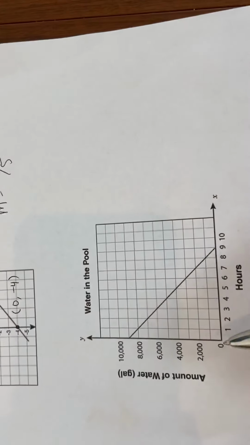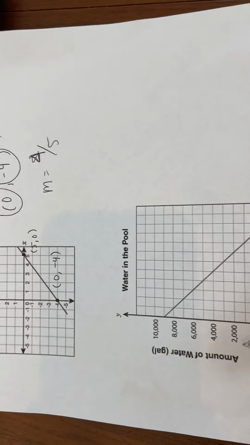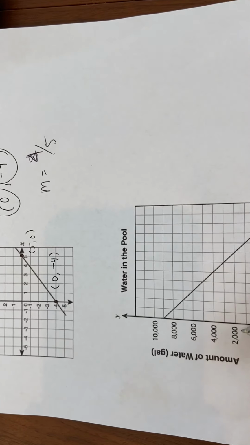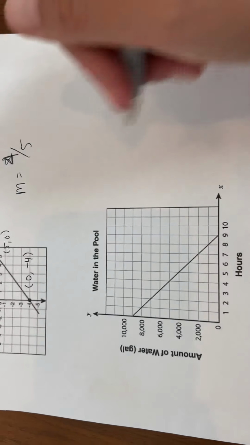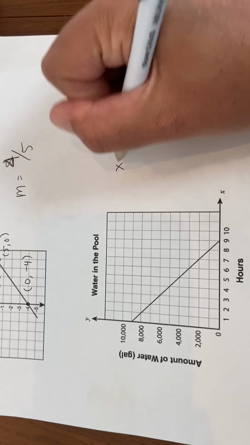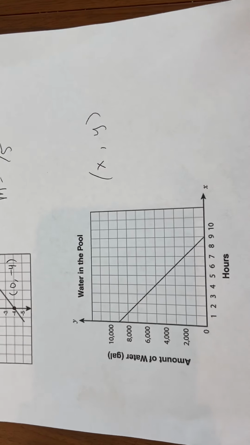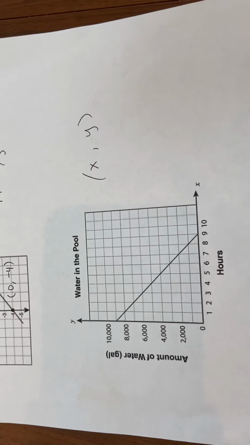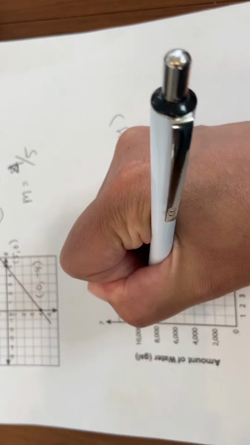This one, we have to make sure we're really paying attention to the scale, because when I look right here, the gallons are going up by thousands, like 2,000, 4,000, 6,000, whereas the hours are going by ones. But other than that, everything stays exactly the same. We want 2 ordered pairs, x and y, and we're going to subtract our y's, subtract our x's. So I want to pick any 2 points on the graph.